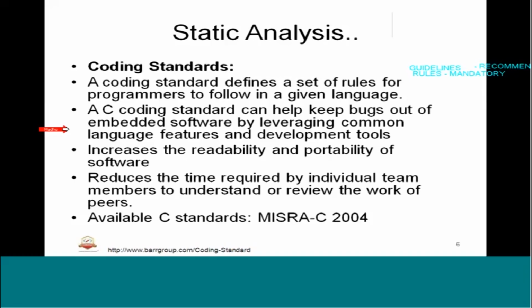By following the coding standards, definitely it will keep away the bugs. There are language features which need to be taken care of. Of course, sample coding standard rules we can try to go through, but it's not the scope of this software testing. But all we need to know is what the coding standards are, how they are being used, and how they will be verified. That is what we are trying to understand, and its importance.